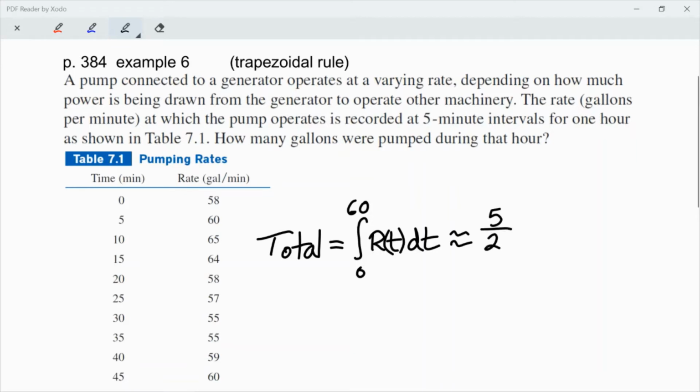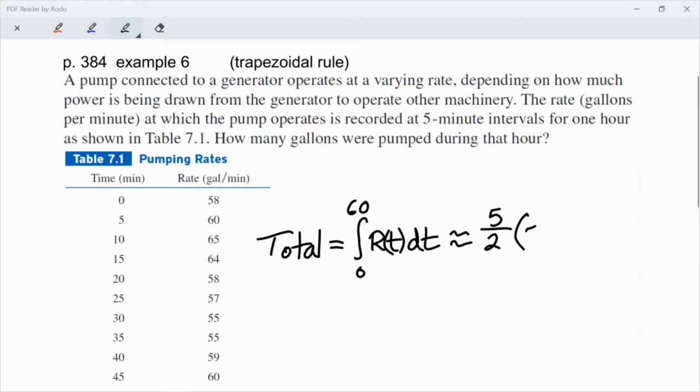And then I just have to multiply by, and remember, when I do this, the first and last terms in my table are used once because they appear in one trapezoid. All the terms in the middle are going to be used twice because they show up in 2 trapezoids.